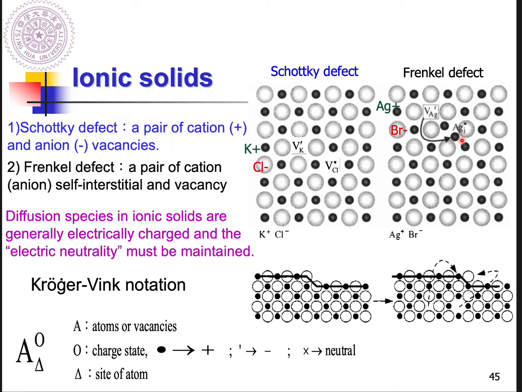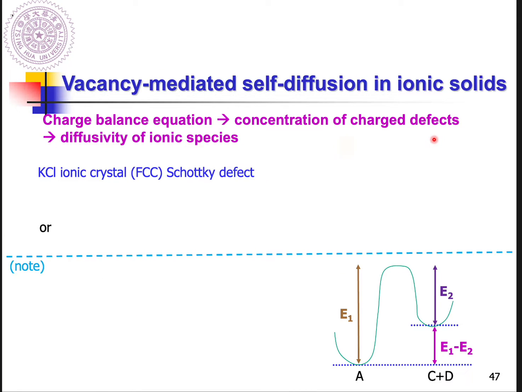So this kind of defect we call a Frenkel defect. Regarding the silver, it obeys the interstitial diffusion mechanism.